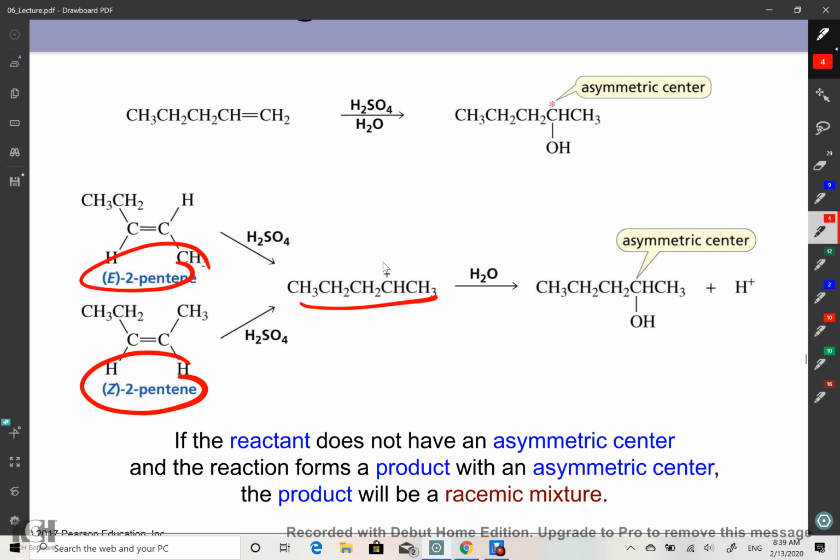Normally, for this reaction to be stereospecific, if you start with the Z, that should give you a specific type of product, which is different from the product that the E will give you. But in this case, both Z and E give you exactly the same type of product, a racemic mixture. So this reaction will not be stereospecific. It is a stereoselective reaction. It produces a racemate.